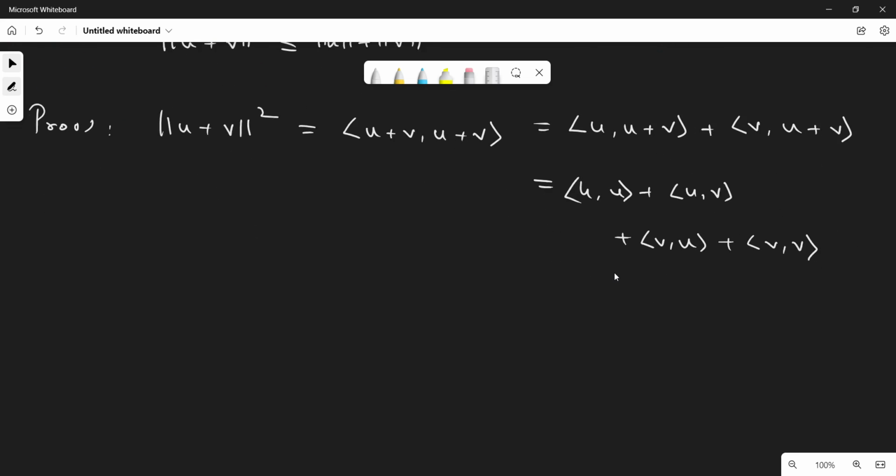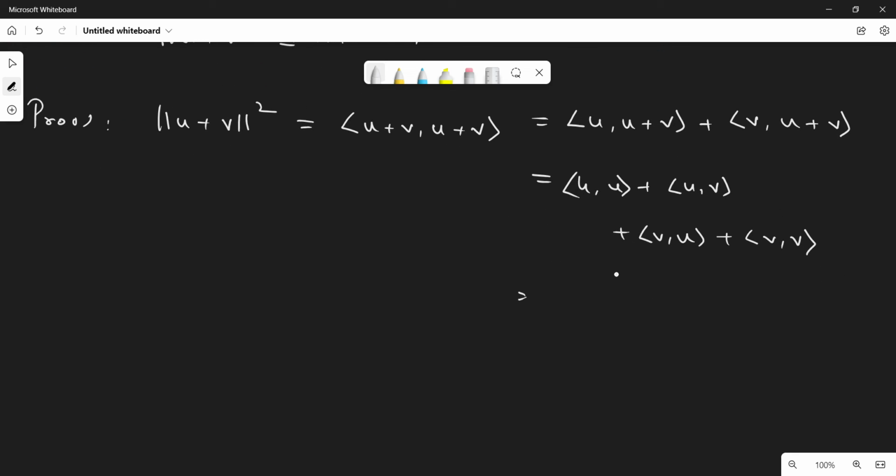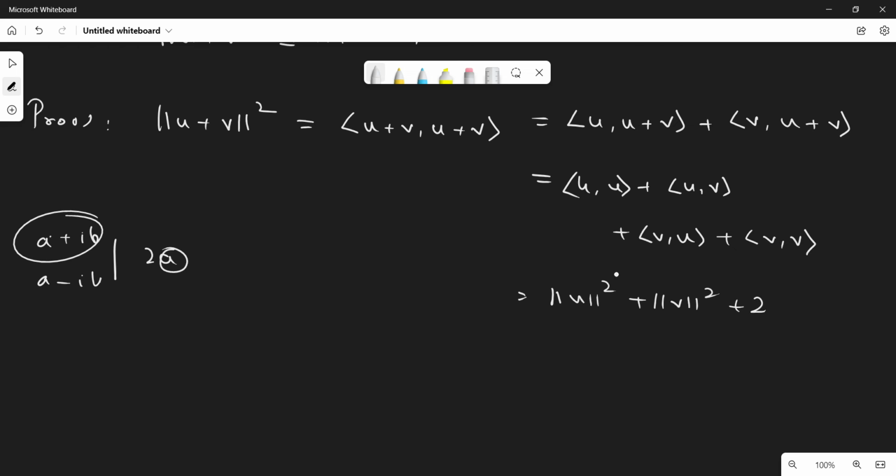Now see, <u,u> is norm of u whole squared, <v,v> is norm of v whole squared, and <v,u> is conjugate of <u,v>. Now if you add a number with its conjugate, you get twice its real part. Suppose you have a complex number a plus ib, and its conjugate is a minus ib. If you add them, you get 2 times a. What is a? a is the real part of this complex number, so you can write it as plus 2 times the real part of <u,v>. Clear? Got it?